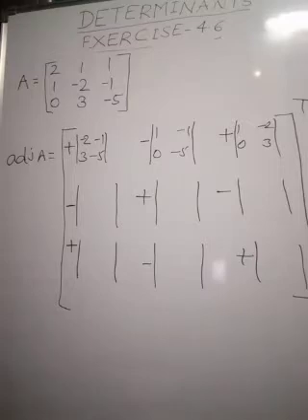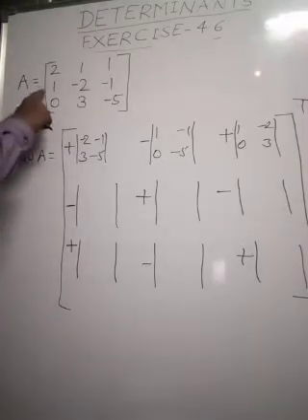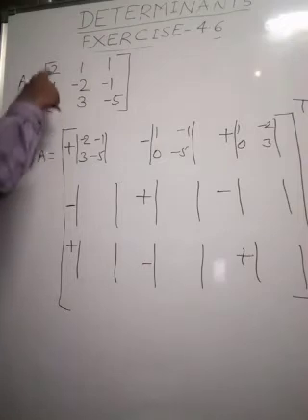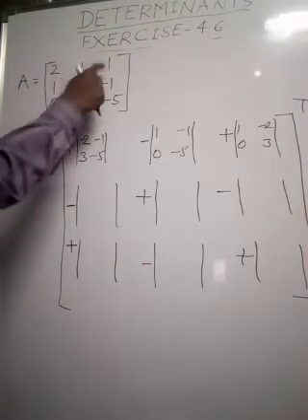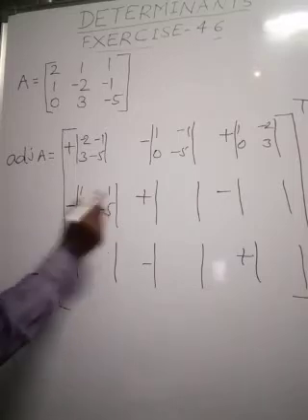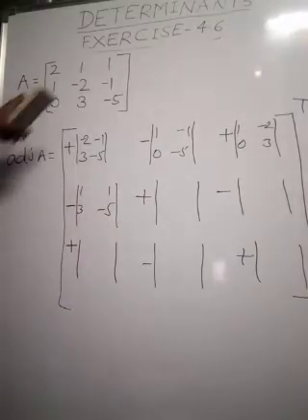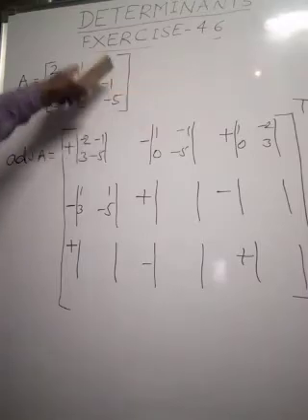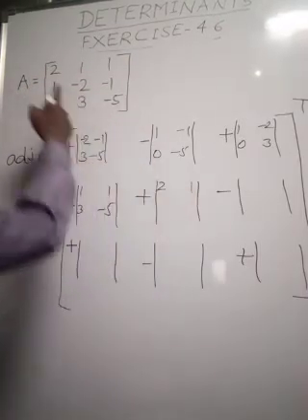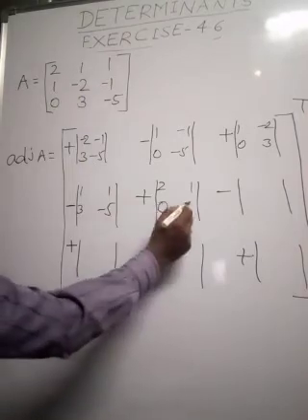Right. Similarly, we follow the same procedure to find the elements in the second row. Close the second row and first column. What will you get? 1, 1, 3, minus 5. Understood, my dear children? Next, close the second row and second column: 2, 1, 0, minus 5.